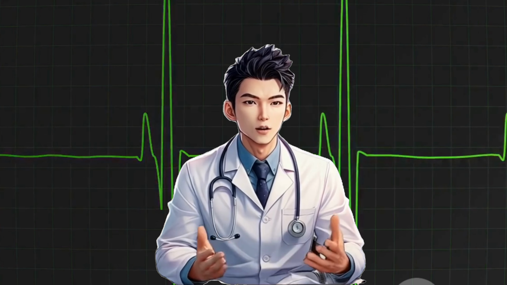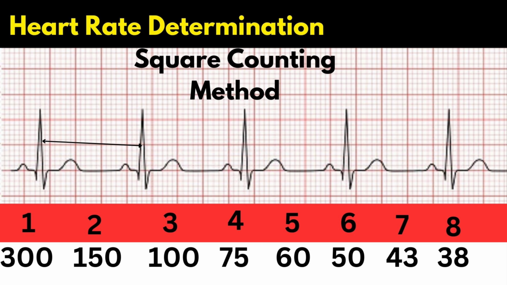Now we'll determine how to calculate the rate in ECG. First of all, there are certain methods of rate determination. The first method is the square counting method, which is the easiest method. In the square counting method, you count the large squares between the QRS complexes.